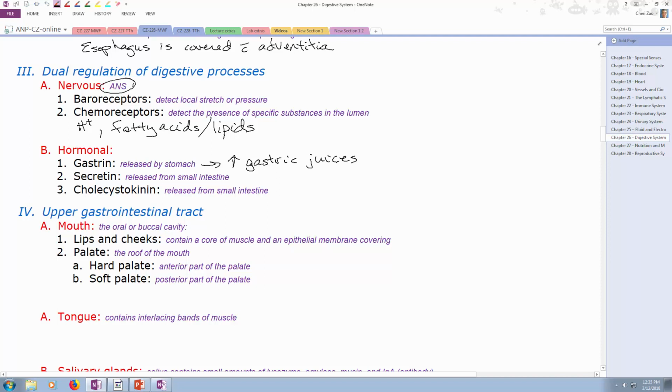Secretin and cholecystokinin, these are both released from the small intestine, and they both do the same thing. The only difference is cholecystokinin is a little better at it than secretin is.